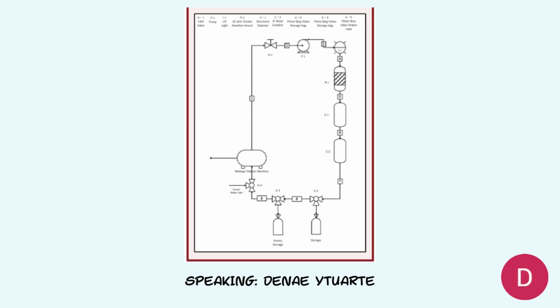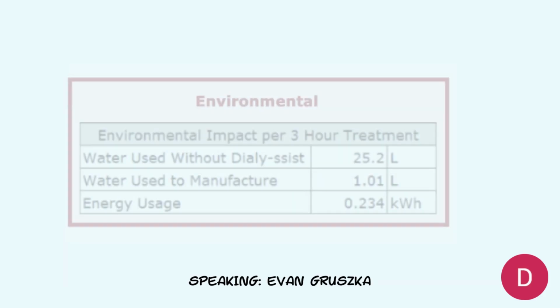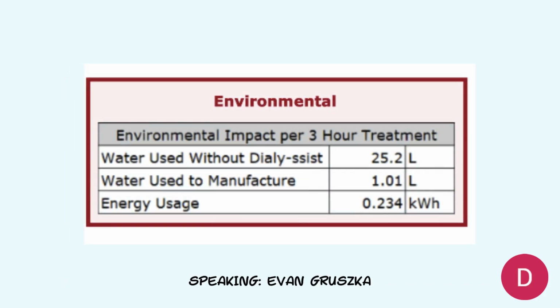Next, the stream is sent to the zirconium canister, where the ammonium and phosphate are removed. And finally, it passes through the DI resin canister, which treats ionic molecules created from the UV light filter. The now purified water can be directed towards two destinations: storage bags for later use, or back into the dialysis machine for immediate reuse.